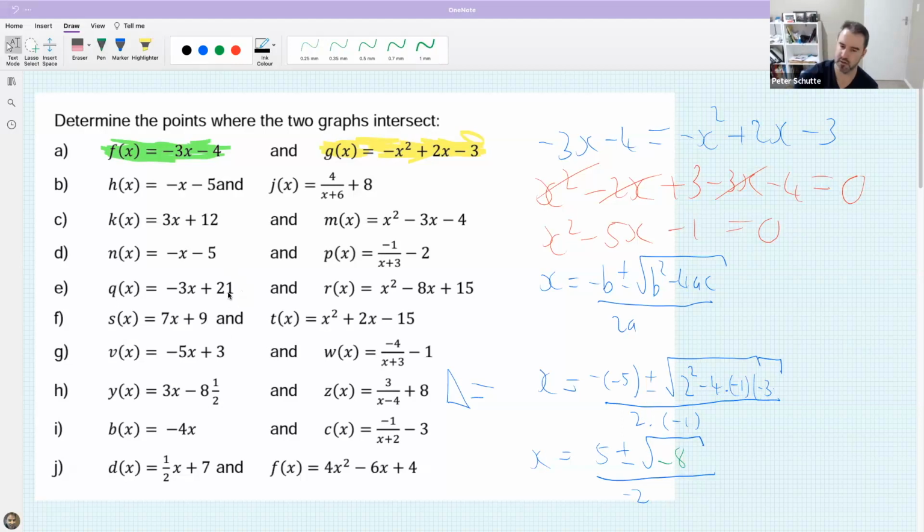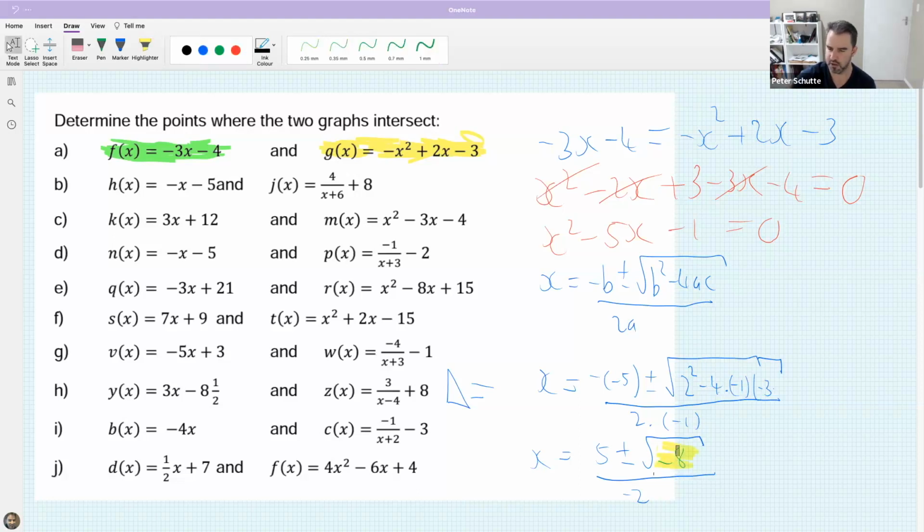Who else gets minus 8 for delta if they are working this out? Let me know in the chat, because I want to see that you guys are getting the same thing. What does it mean when you solve for intersection points and delta ends up being negative?